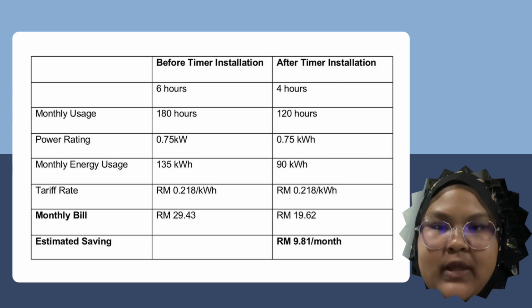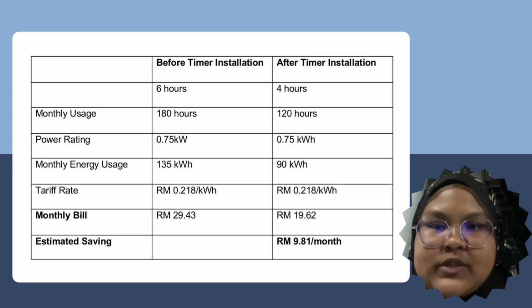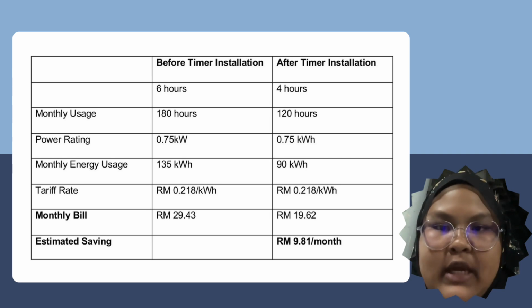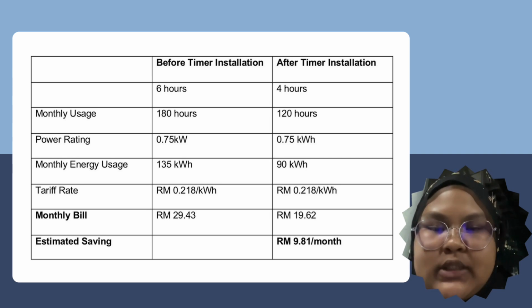Now let's compare. Before the timer, monthly usage is 180 hours, and after the timer it is 120 hours.